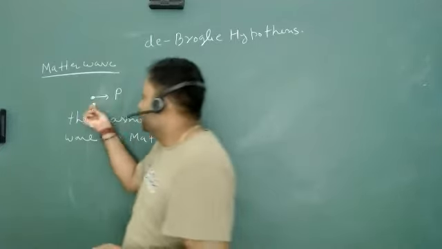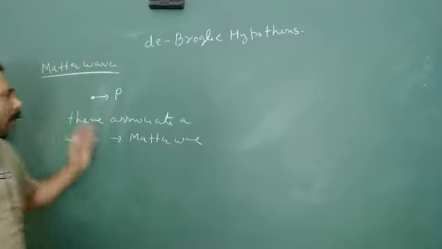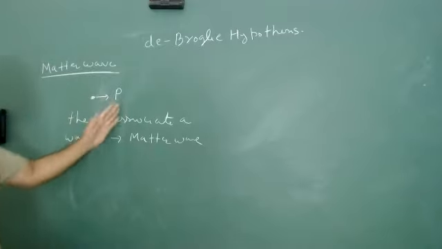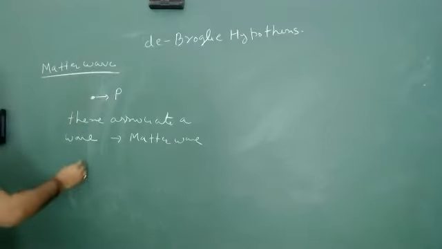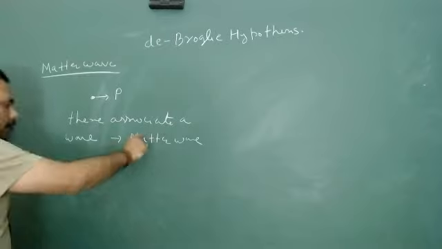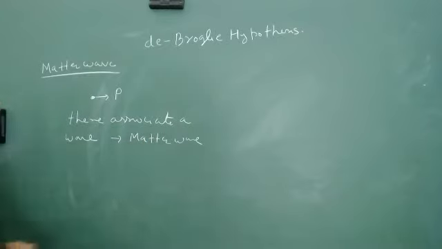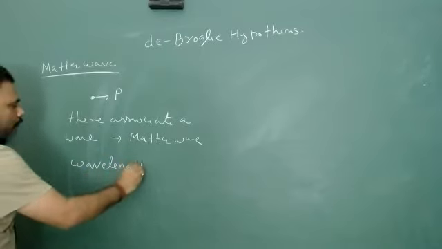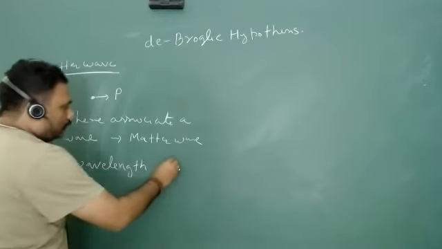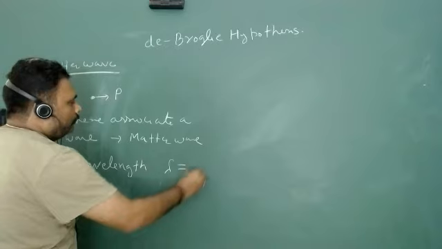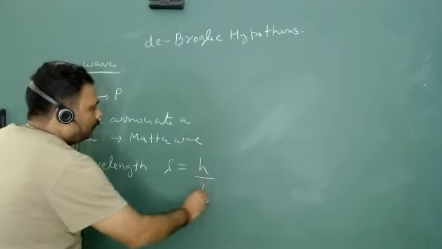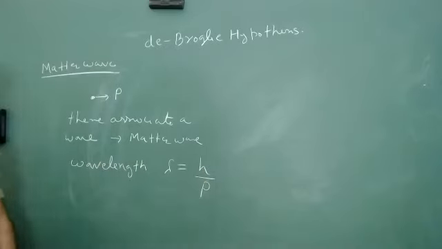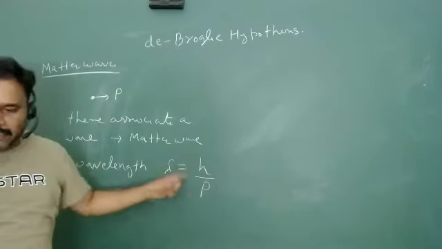So what he said is, if there is some particle moving with momentum p, then there is an associated wave, which is known as matter wave, and its wavelength lambda can be given by h upon p.